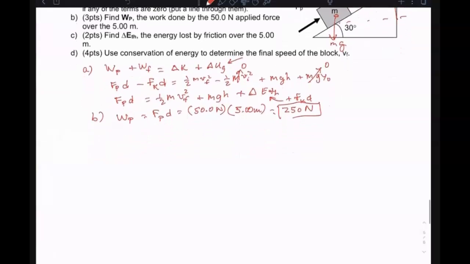Part C, the change in the thermal energy is equal to the magnitude of the dot product of the friction force times the displacement.